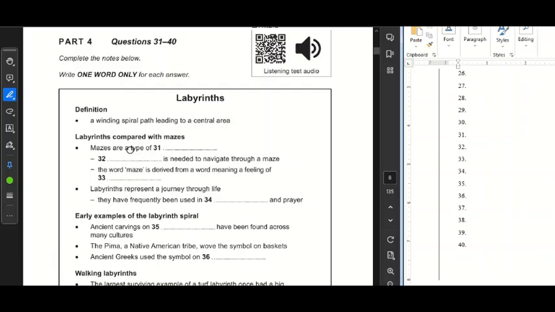You will hear an anthropology student giving a presentation on spiral path designs known as labyrinths.